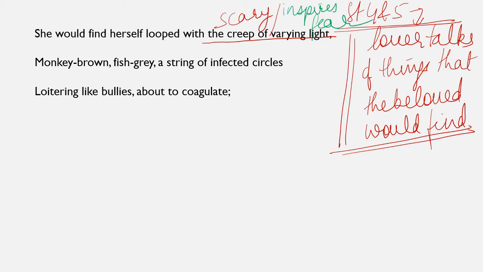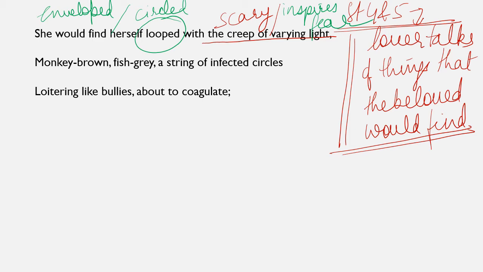So he's talking of his mind which would cause fear, and looped means circled. So she will be circled, or you can say enveloped, वो घिर जाएगी एक स्केरी लाइट में. ऐसा डरावना उसका दिमाग है, उसे ऐसा लगता है.